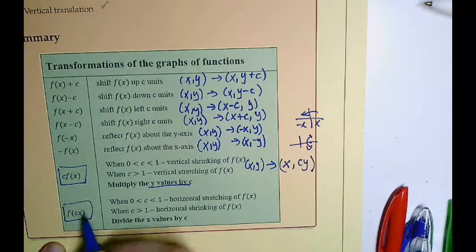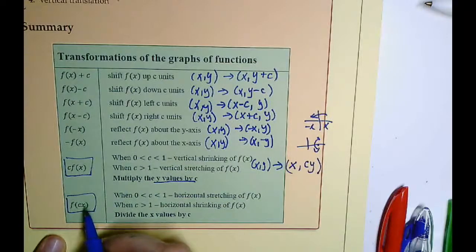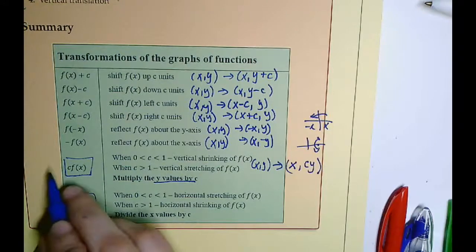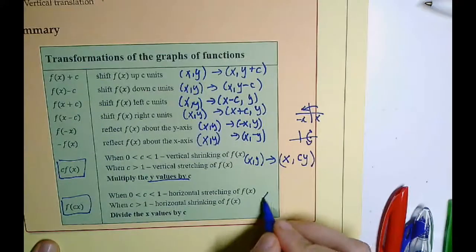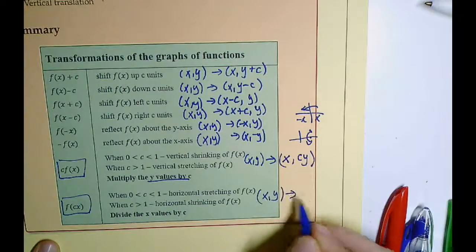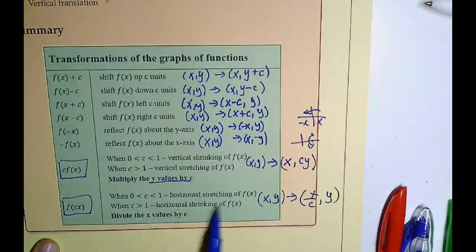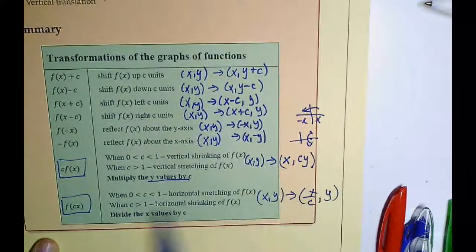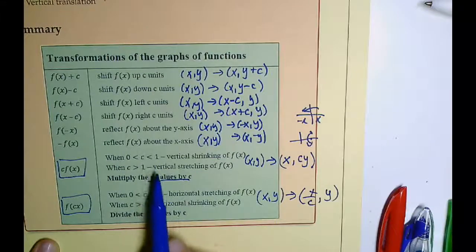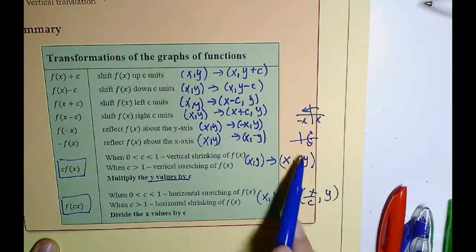And if the constant c was multiplied to the variable itself, not on the outside, then the point (x, y) became (x divided by c, y). So this is for horizontal, the x changes horizontally, and this is for vertical shrinking or stretching, the y changes.